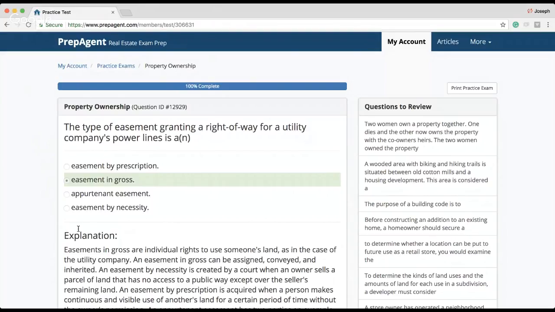If I am crossing your property, am I the dominant or am I the servient tenement? Okay, and the answer is dominant, because you are serving my purposes. You are serving my purpose.